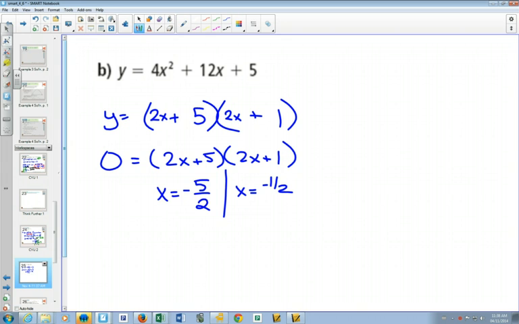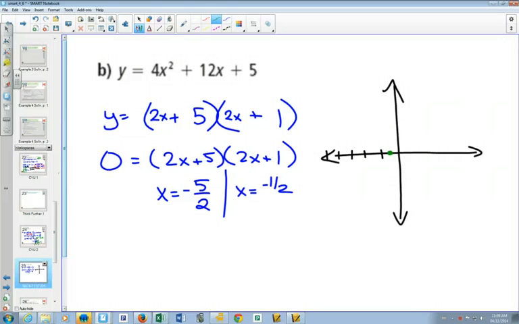So now when we go to graph, we know that negative 1/2 and negative 2.5 are our two x-intercepts. Where's our axis of symmetry going to be? Between them.